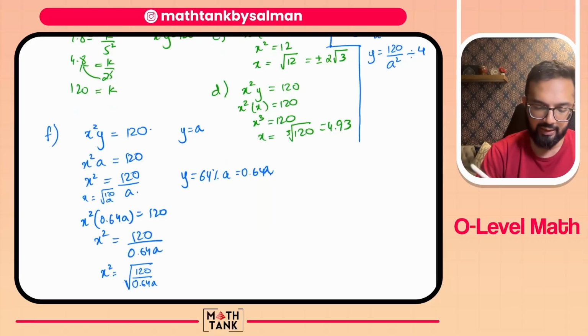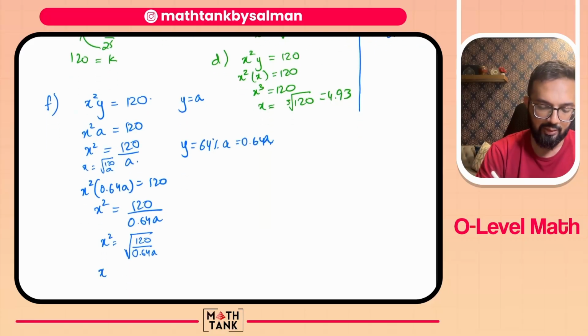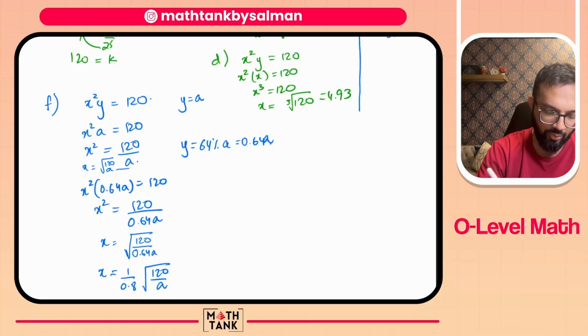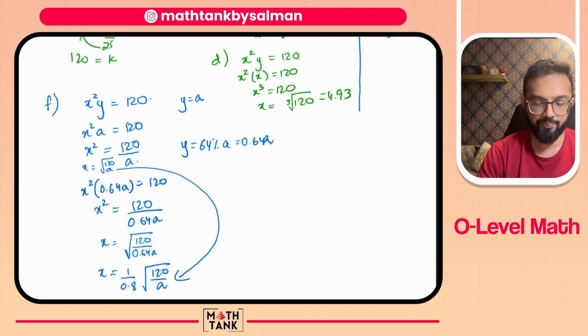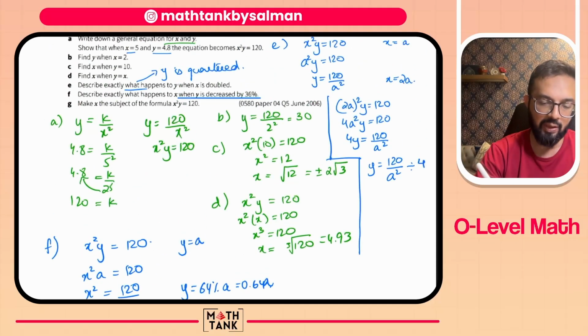So can I say that x is therefore 1 over 0.8 and root of 120 over a remains as it is? I'm just making sure that I'm able to compare this to this. What's 1 over 0.8? 1 over 0.8 is 1.25. So x increases by 25%. 1.25 means increases by 25%.